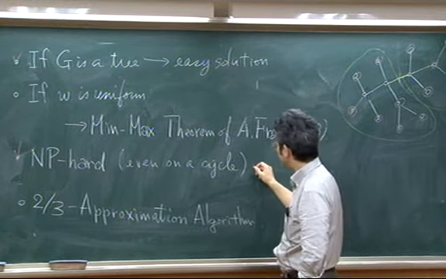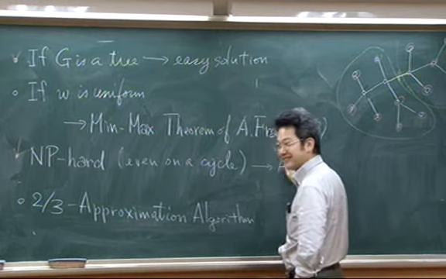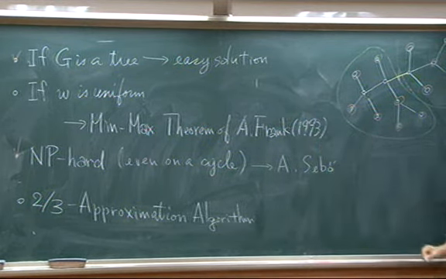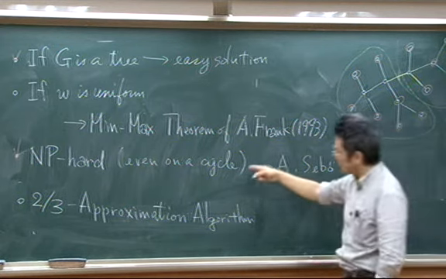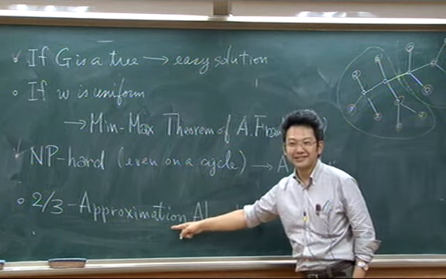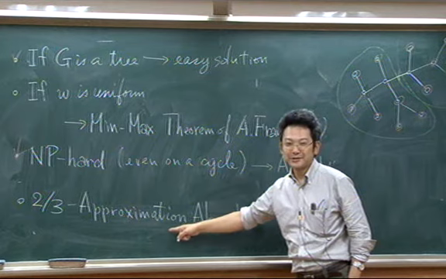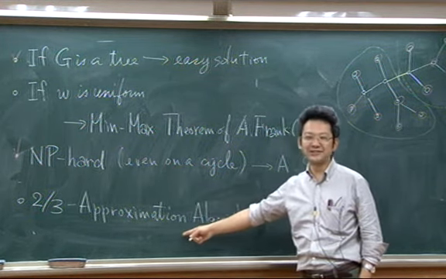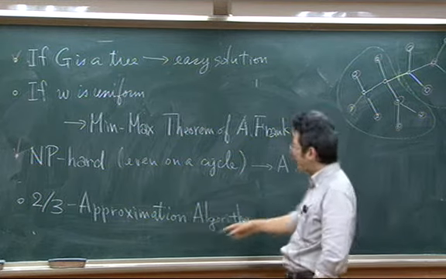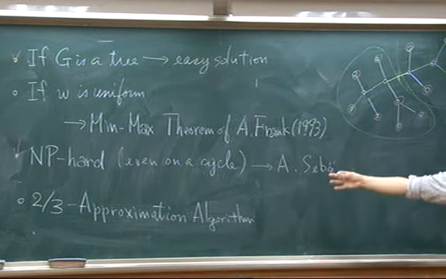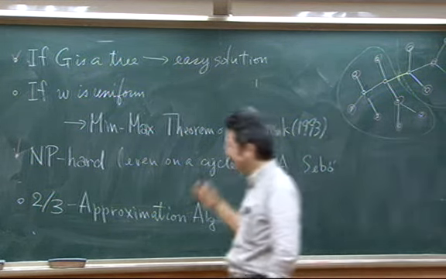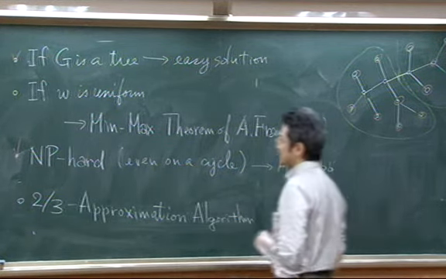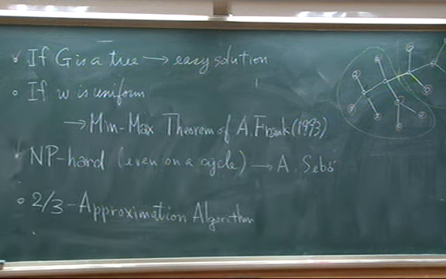But I have good friends, so I asked Andras Frank, because I already have this result, but I was nervous if it can be solved in polynomial time. The approximation result is nonsense. So I asked Andras if this is NP hard or not. And a few days later, I got an email from him, and he said you can relax.